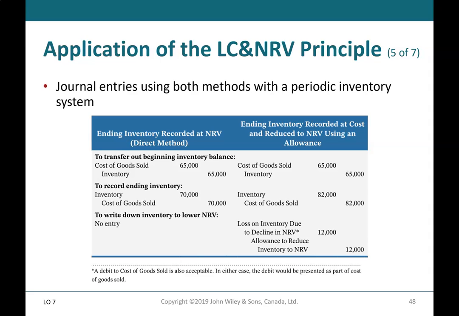Under the allowance method, you would debit inventory for 82,000 and credit cost of goods sold for 82,000. And under the direct method, there's no write down to inventory to the net realizable value. But under the allowance method, you would record a debit to the loss on inventory due to decline in net realizable value, 12,000, and you would credit allowance to reduce inventory to net realizable value, 12,000.